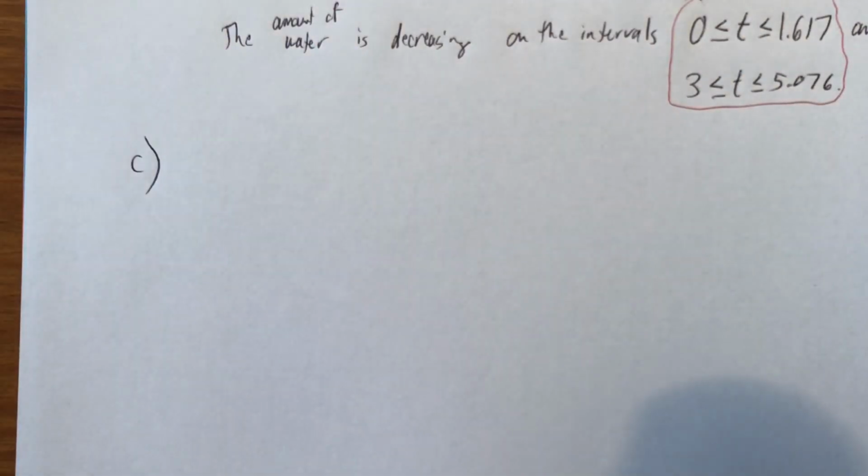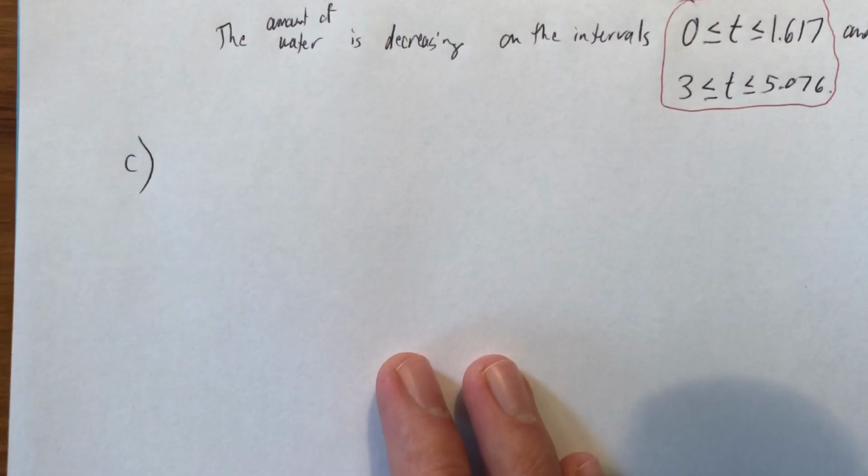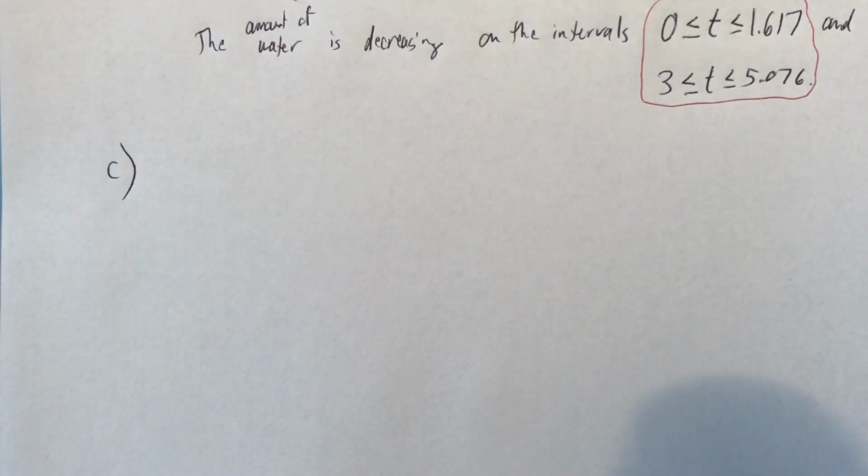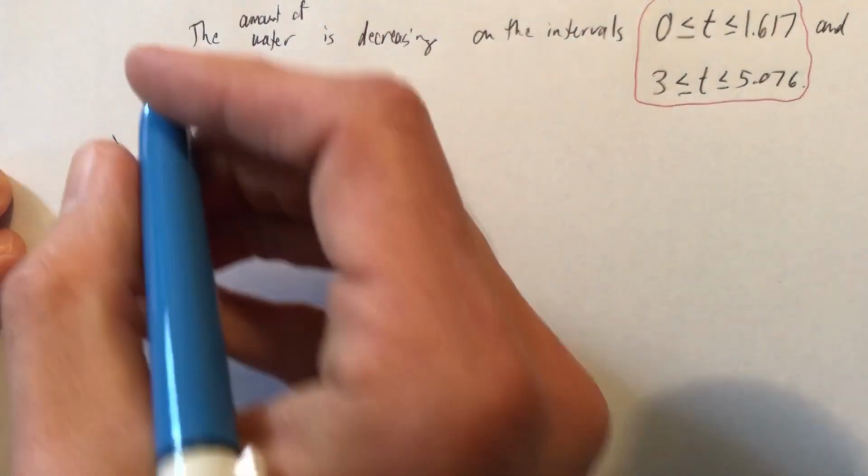So here goes. At what time t is the amount of water in the tank the greatest? To the nearest gallon, compute the amount of water at this time, and then justify your answer. So I'm definitely going to need a calculator for this one.